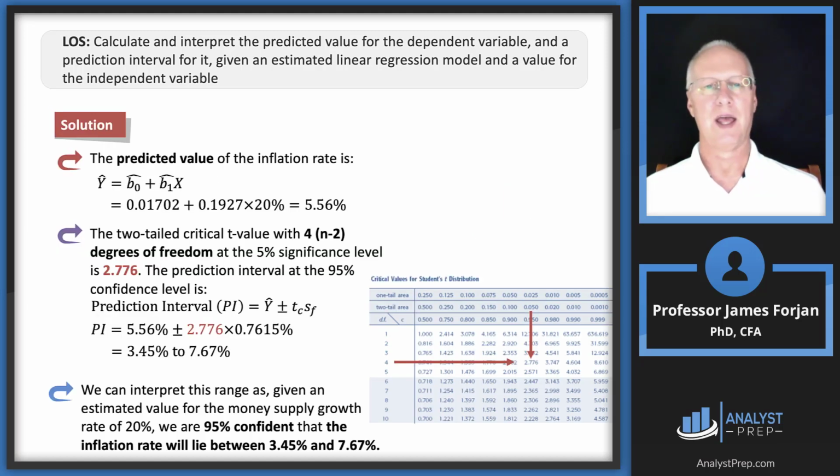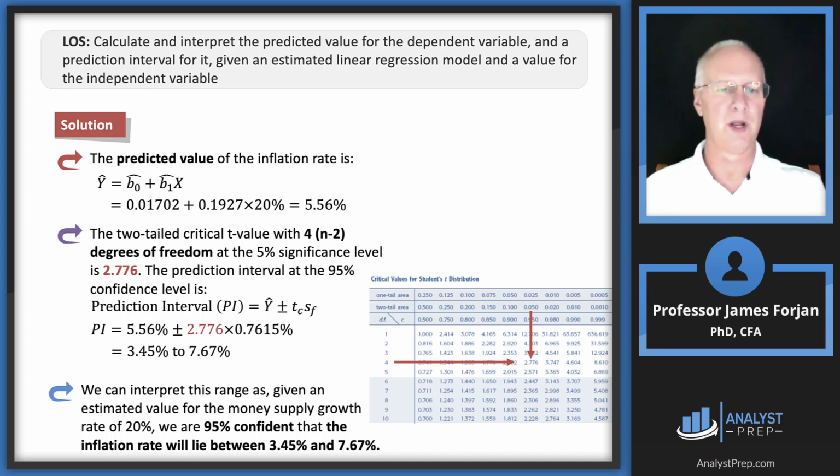So let's go ahead and compute that interval. So first of all, you got to do the predicted value. So we already did that, the 5.56. Then go ahead and get our critical value at degrees of freedom 4, right? Now we're only going down to 4, and then we're going over to the 5% on the two-tailed test because we're doing plus or minus, so that's always a two-tailed test.